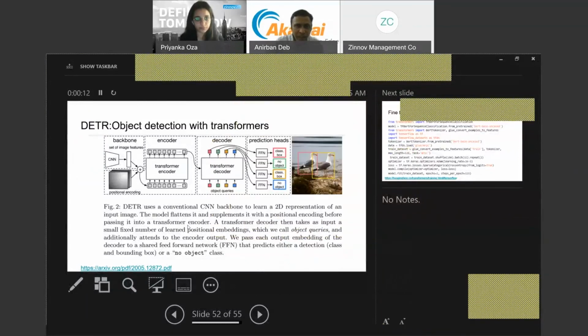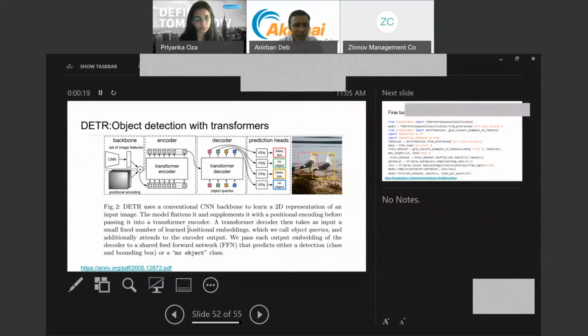So on the one on the left, this is what they did for vision: you pass your images through a normal CNN as it is, like you do regularly. Then you introduce some positional encoding into that output of the CNN block, and you have a concept of a query. So again, there's an encoder here which is taking in that input, and then again there's a concept of queries, which is essentially a bipartite matching problem.